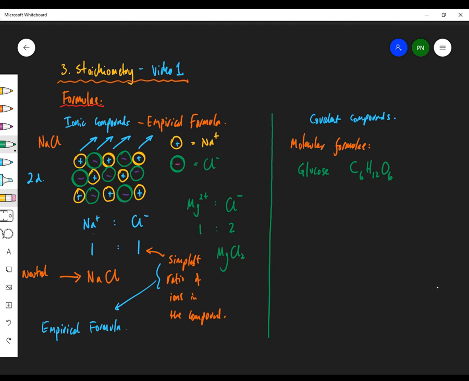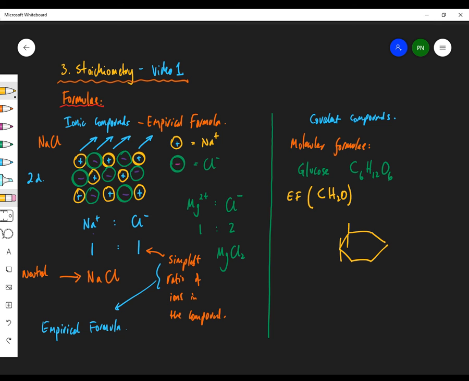We could quote an empirical formula for glucose, which would be CH2O. But the actual formula, what's in the actual molecule, is 6 Cs, 12 Hs, and 6 Os.